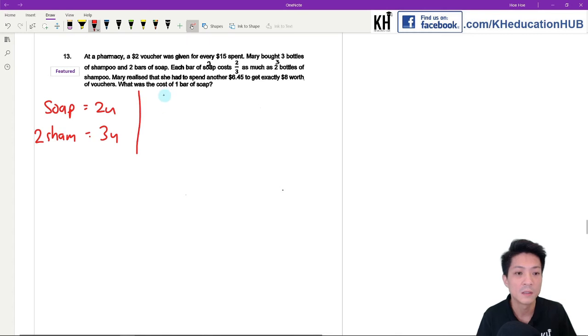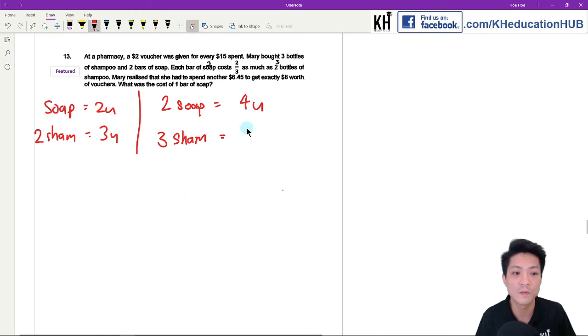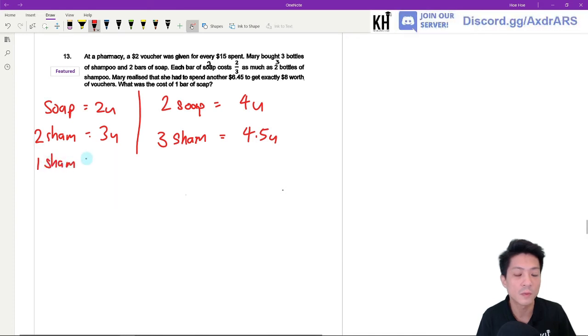So 2 bars of soap is gonna be equal to 4 units. Okay, 3 bottles of shampoo is going to be equal to 3 divided by 2 times 3, which is going to give me 4.5 units. Okay, 1 bottle of shampoo is going to be equal to 1.5 units. 3 divided by 2.